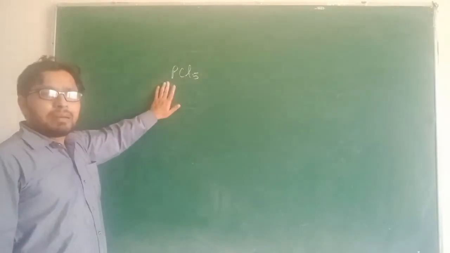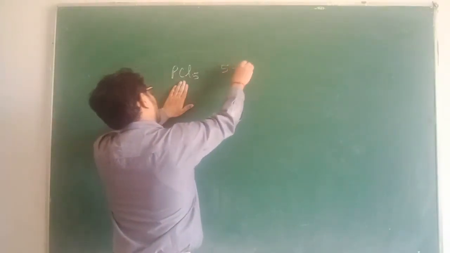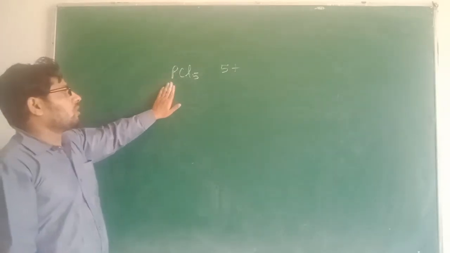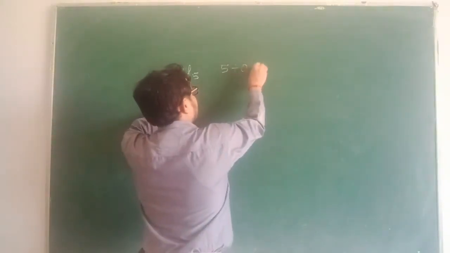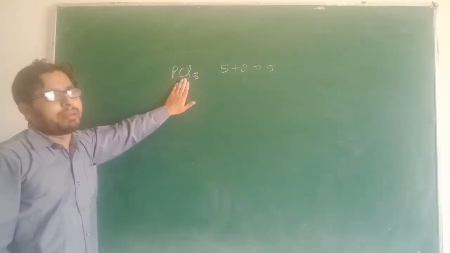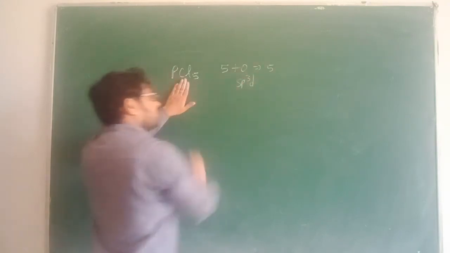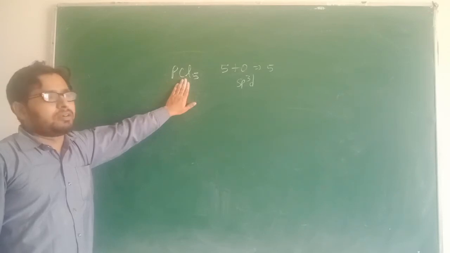P is the central atom. 5 Cl are bonded to it. Is any lone pair present on the phosphorus? It contains 5 electrons only, and all 5 are bonded with Cl. So there is no lone pair. So this is coming 5. I have already told you if the sum is 5, the hybridization is sp3d. This is formula 1.